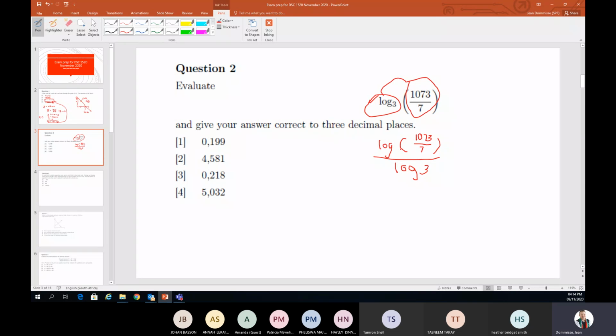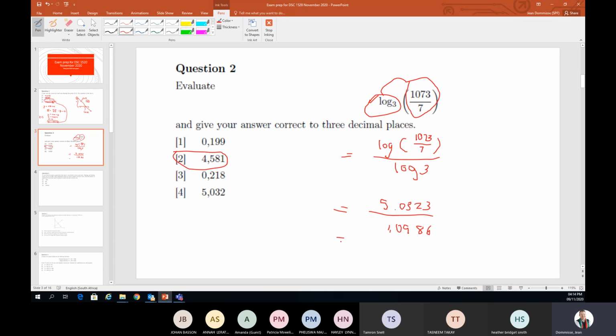So let's just do that, which will give me 3, and then log of 3 will give me something like 1.0986, and when I divide those two into one another, I will get option 2.